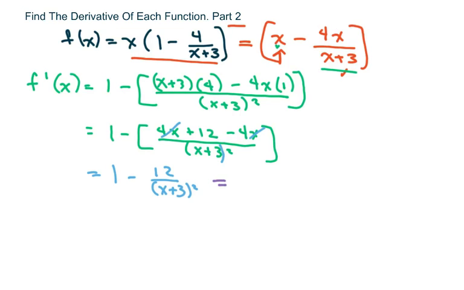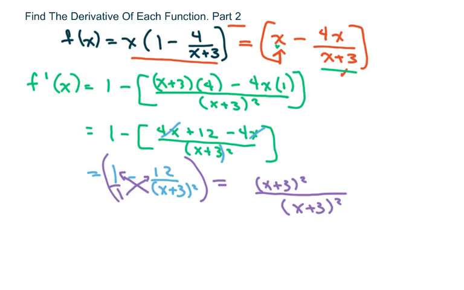To make it look better, I'm going to use my common denominator as x plus 3 squared over the whole thing. So that means what you can do is just kind of cross up here, and 1 times x plus 3 squared is just going to be x plus 3 squared. Then you have your minus 12.